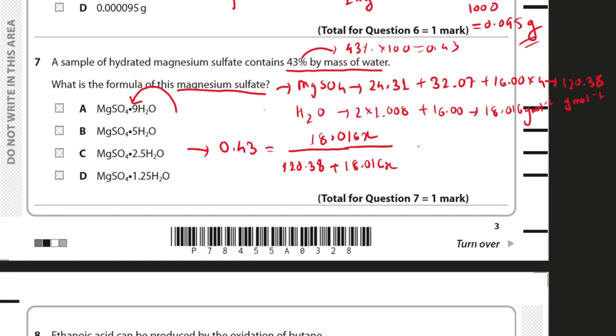If you solve for X, according to my calculations I get 5.04, approximately 5. So the correct formula would be option B, because the whole point is to find the value of X, considering the other things remain the same in every case when you write the formula of a hydrated salt.